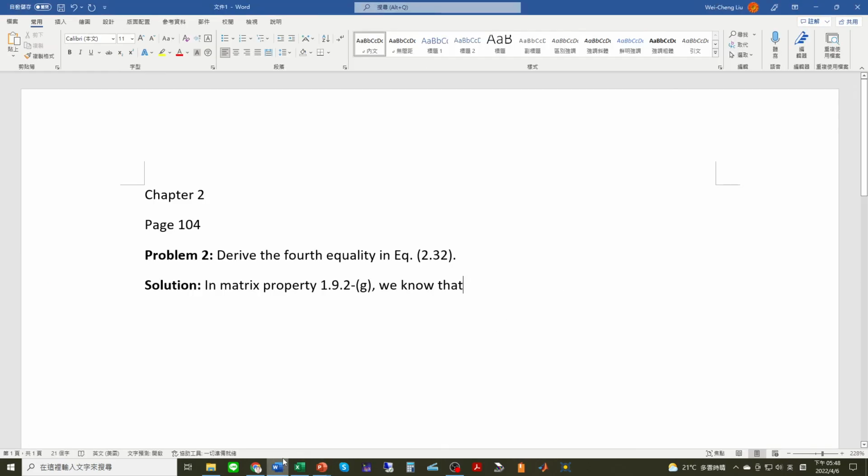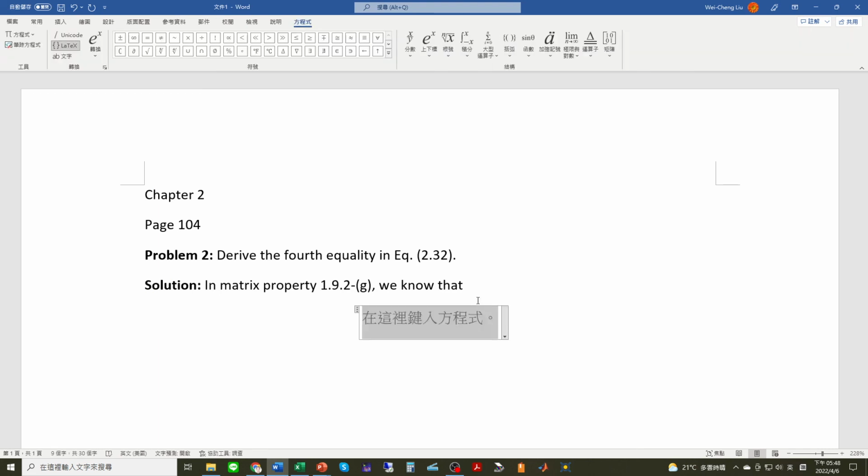So let us go back to Word. We know that 1 over a to the power of n.